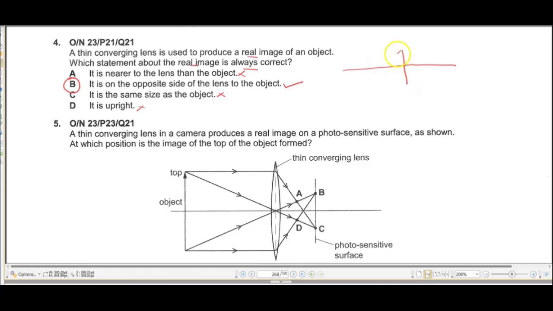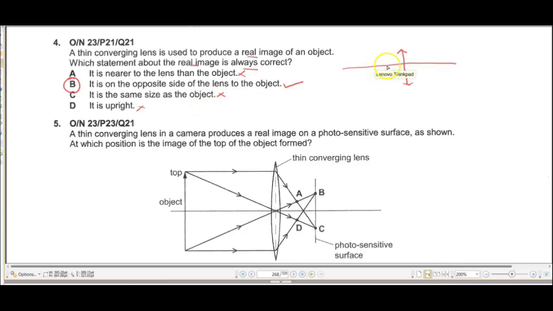If this is our lens, converging lens, the real image is on the other side of the lens. Okay? It's not necessary that a real image is closer to the lens than the object. Or that it is of the same size as the object. No, we have seen that the image is of smaller size.